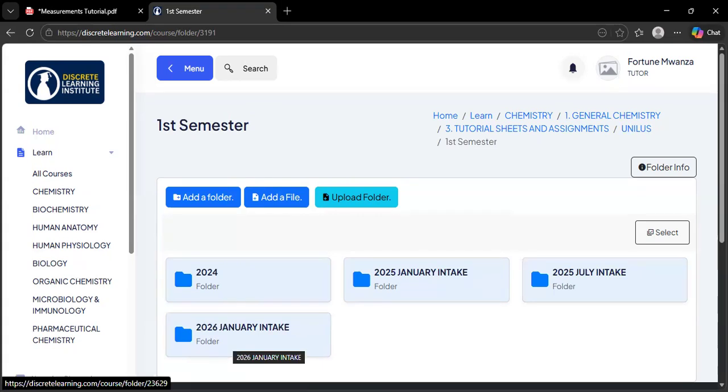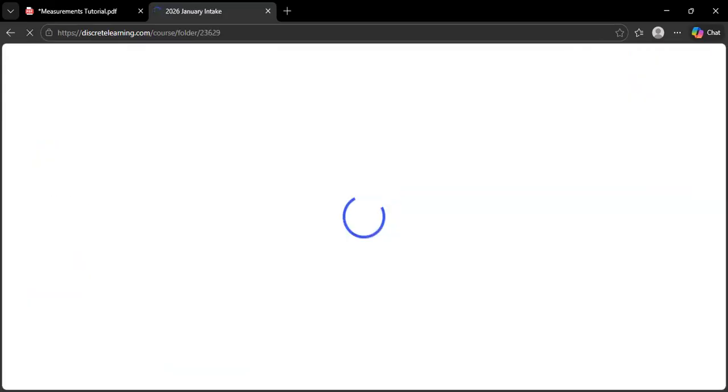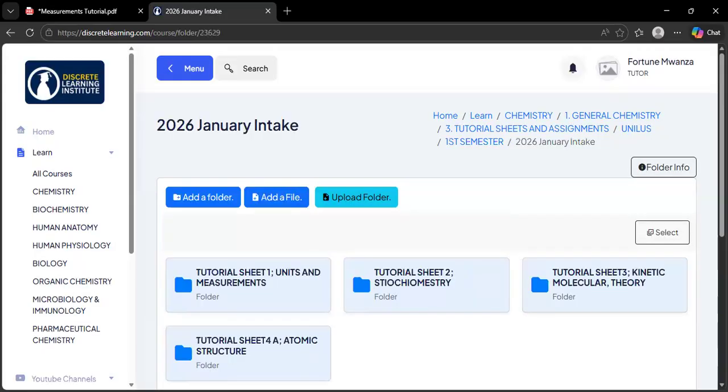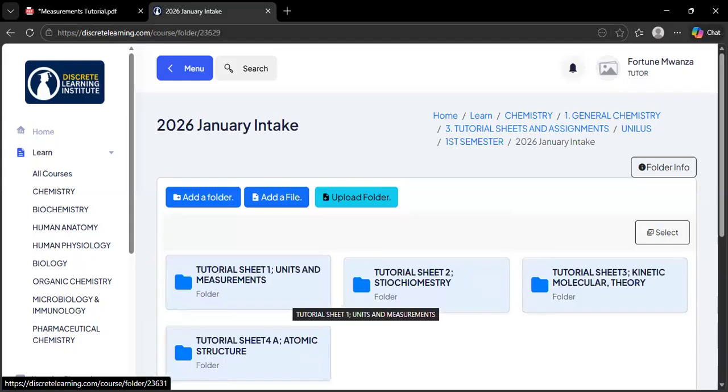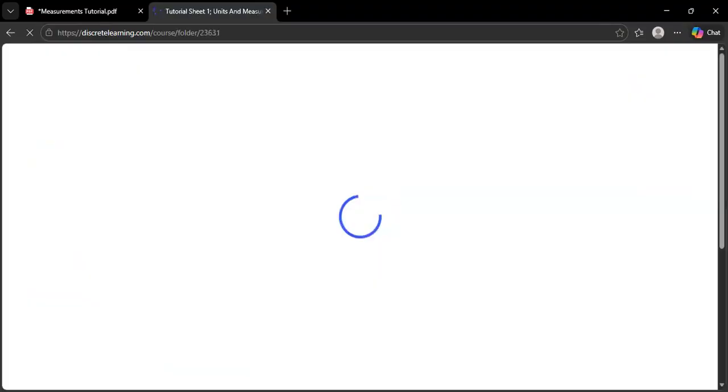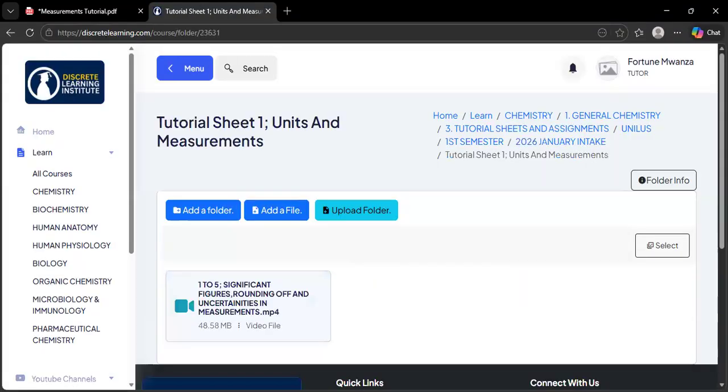You open that folder, and you are going to have the tutorial sheets that you have: tutorial sheet 1, tutorial sheet 2, tutorial sheet 3, and tutorial sheet 4. This was tutorial sheet 1 on units and measurements. I can open that folder, and you will find the full video solutions starting from question 1, the one we solved, up to question number 5.